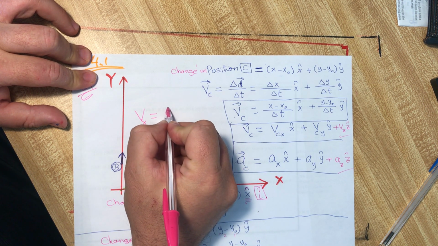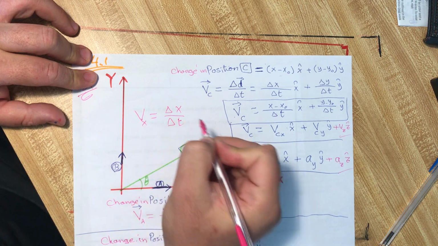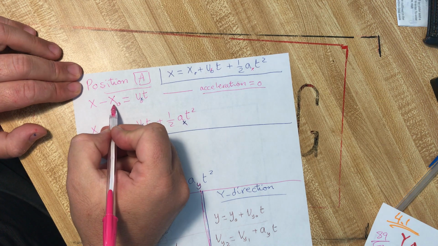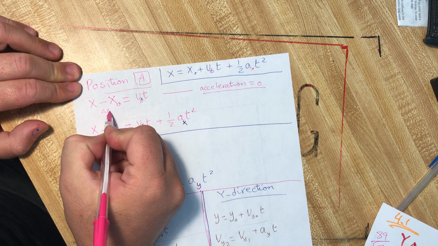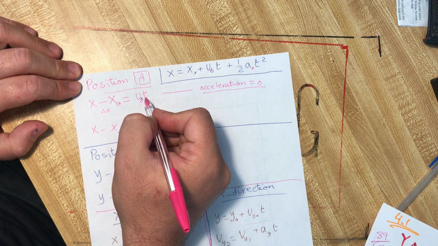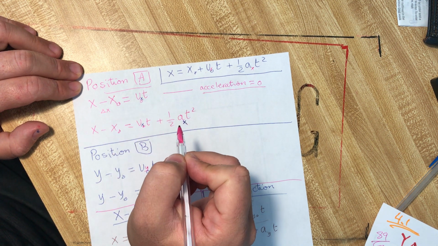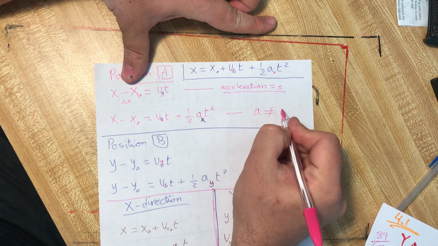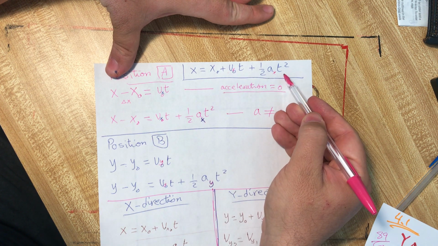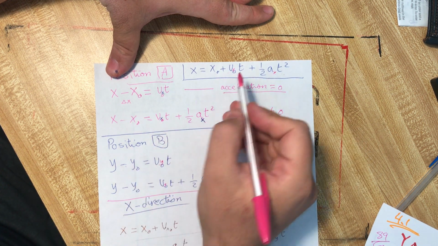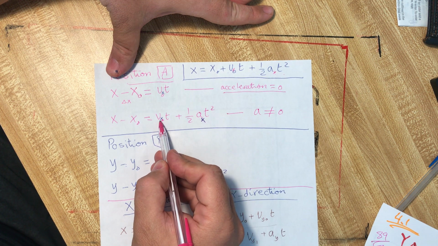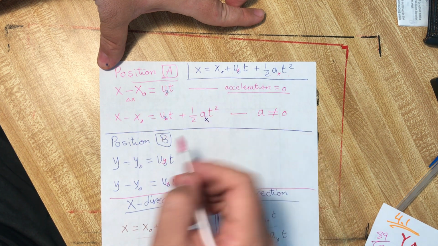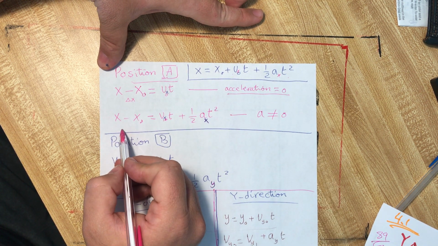Vx is equal to delta x over delta t. I can find that x minus x naught, which is delta x, is equal to velocity multiplied by the time period, which is delta t in this case. And if the acceleration is not equal to 0, I can use this equation, but for the x component. Because A moves just in x direction, I will use this equation for it.